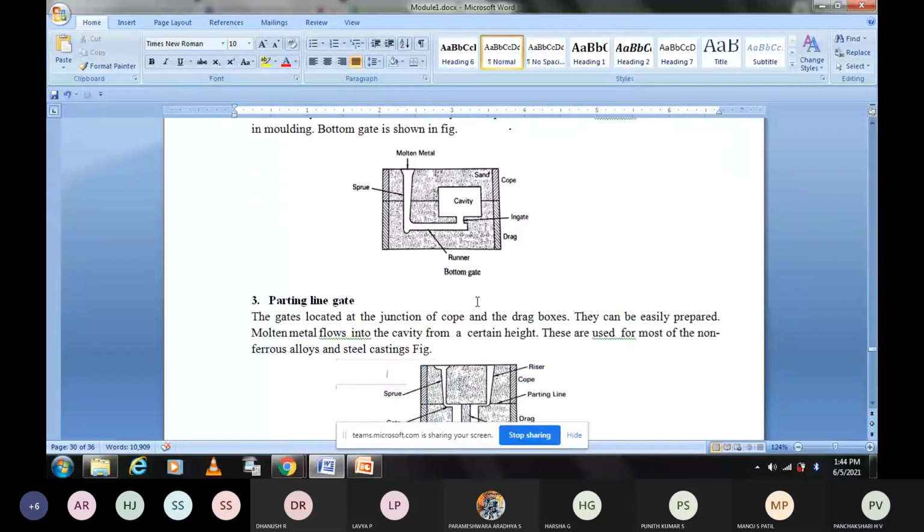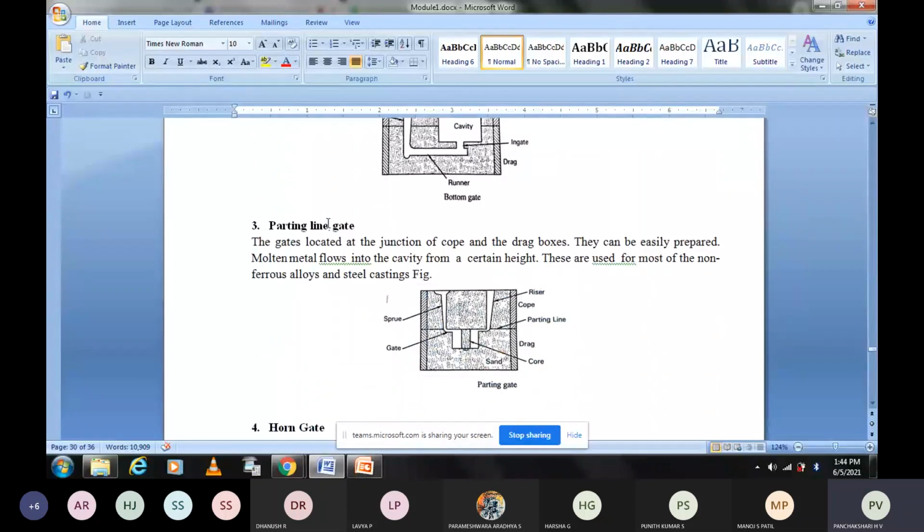Then another one is parting line gate. What is the meaning of parting line gate? See, this is the cope and bottom one is the drag. Parting line means between two boxes, between cope and drag. This is a line, called parting line.